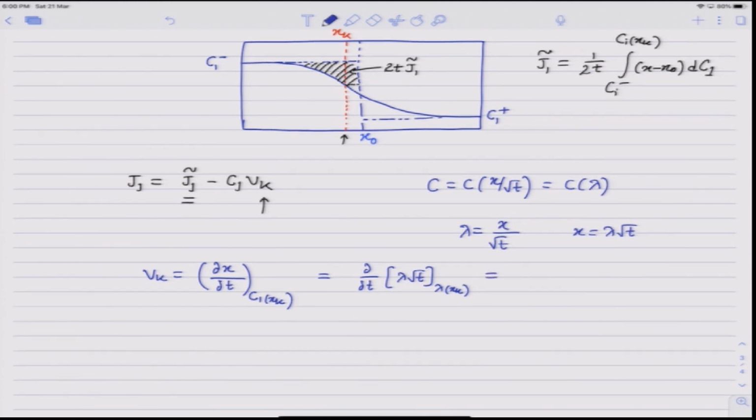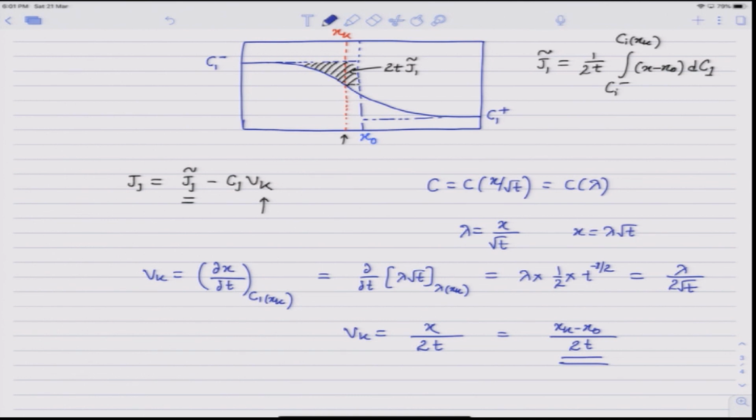We can write this as lambda times 1/2 times t to power minus half, so it is equal to lambda over 2 root t, and if we substitute for lambda again, we get Vk is equal to x over 2t, and if x naught is my origin, then this is nothing but xk minus x naught over 2t.